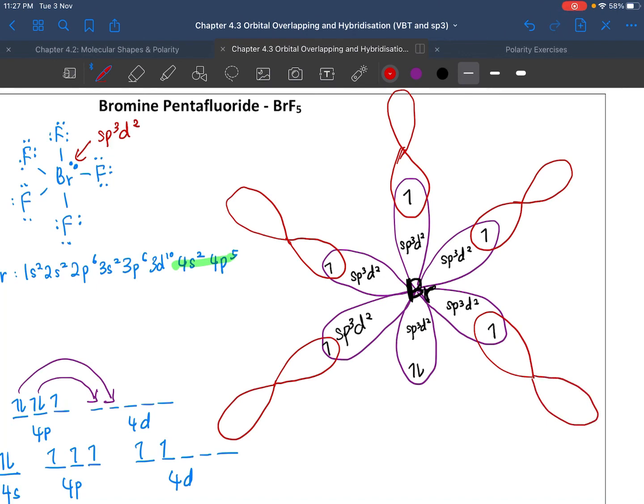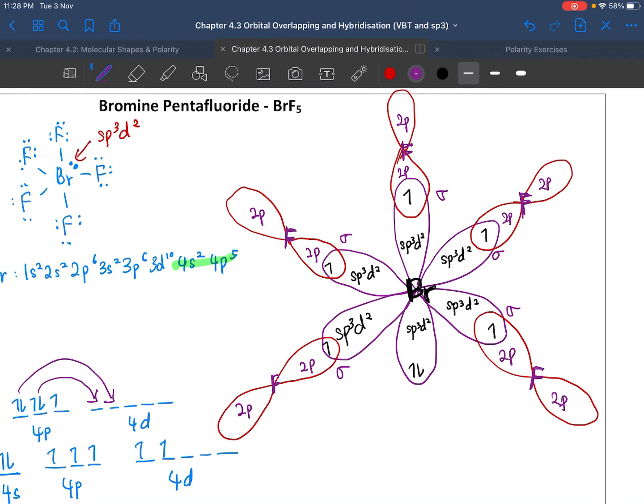Okay, so for this one, tak perlulah nak draw dumbbell sebabnya ini lone pair. So, dia tak bonded with fluorine. Okay. So, this dumbbell belong to fluorine. So, kita kena label. Ini F. Okay, and then this one is 2p, 2p, 2p, 2p. Bonding antara 2p and sp3d2 ni, overlapping dia adalah sigma bond. So, sigma bond, sigma bond, sigma bond, sigma bond.